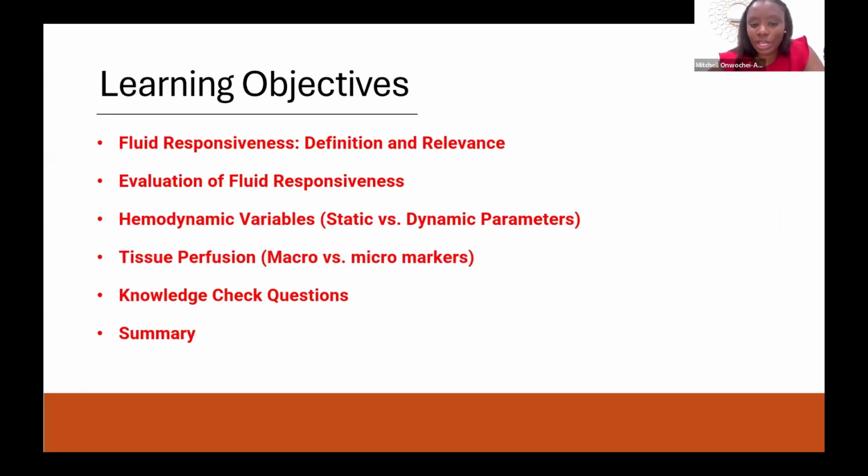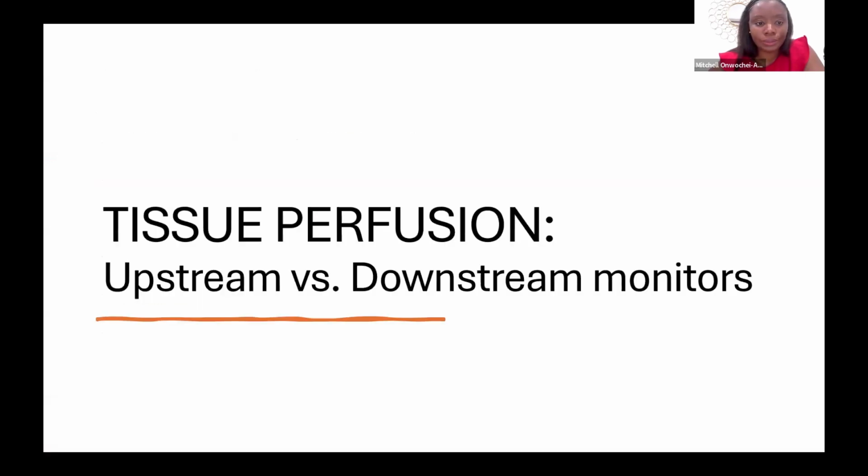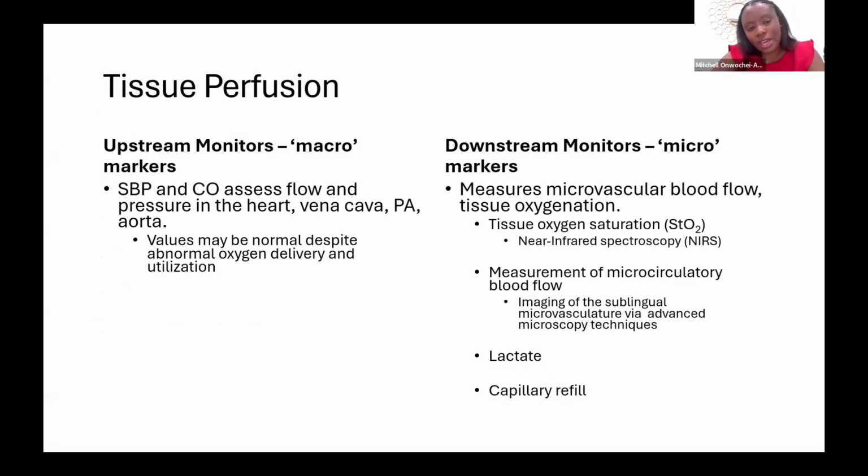And again, very briefly, I'll talk about tissue perfusion. It's been suggested that microcirculation might be a better way to assess for shock and assess for volume responsiveness. So macro circulation are things like your blood pressure, cardiac output. It evaluates blood flow in your large vessels.